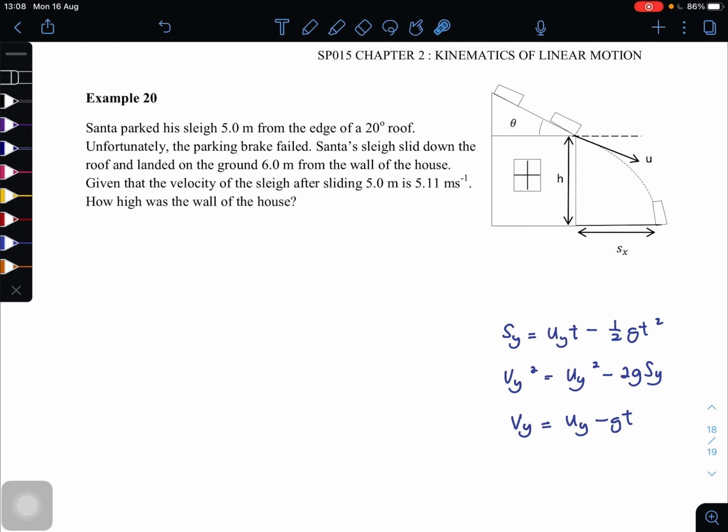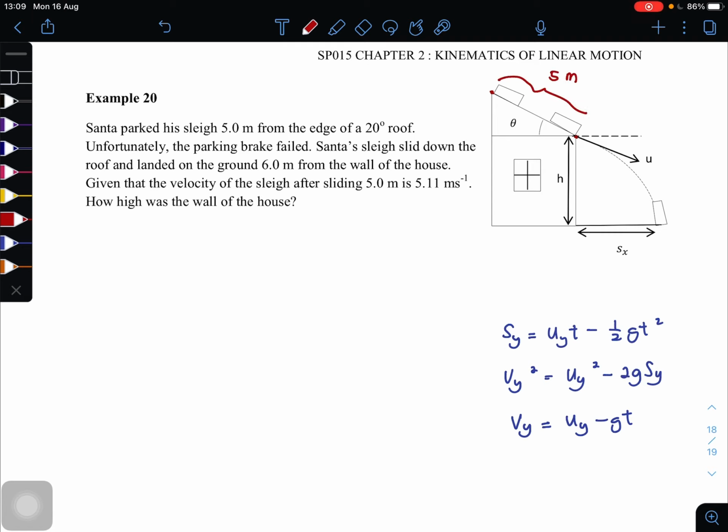Okay, so basically, the sleigh is initially here, and this sleigh is 5 meters from the edge of a 20-degree roof. So basically, this is the edge of the roof, and then this is the initial position of the sleigh. So from here to here is 5 meters.